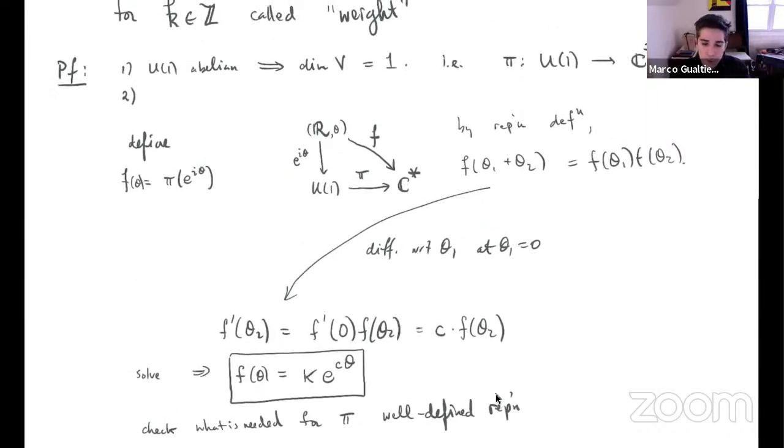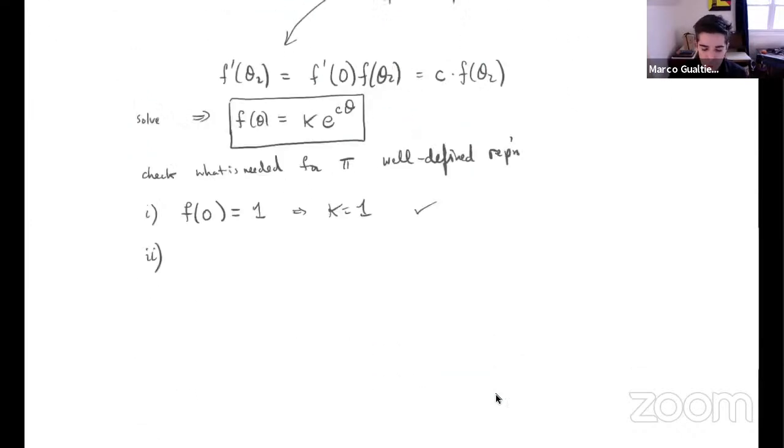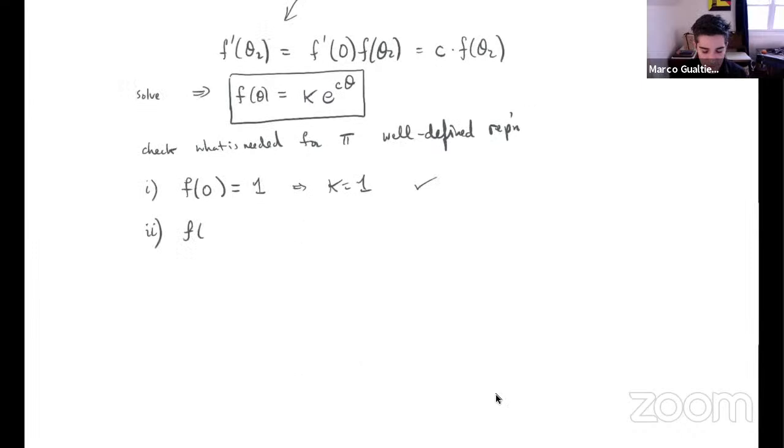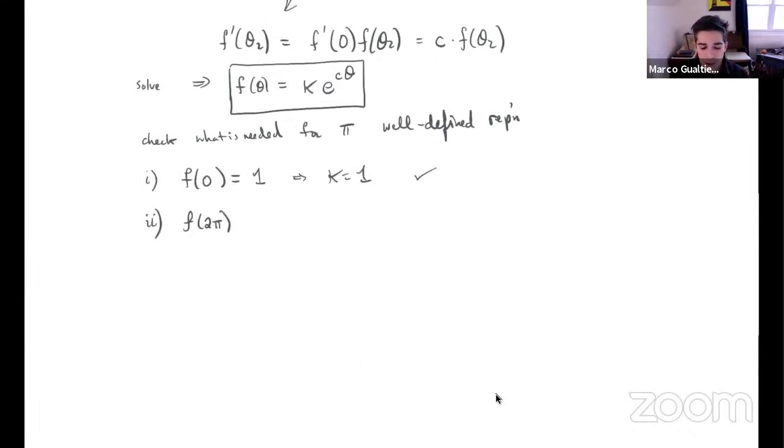And this is where this comes in. So in order for f to factor through this projection, this exponential map, we need that, for example, f of 2 pi, this is going to be e to the i 2 pi, pi of this.